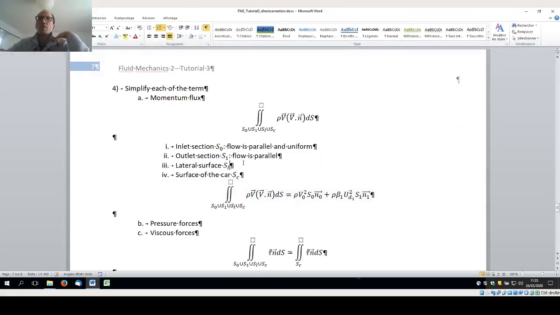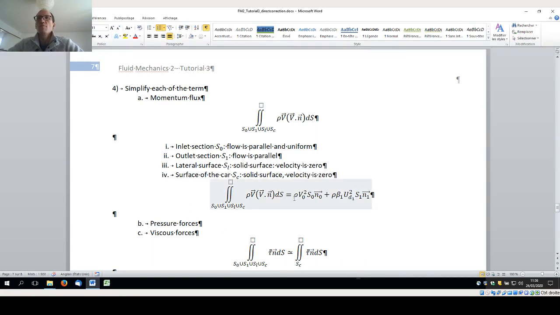Okay, and after, for the lateral surface, since it's a solid surface, velocity is 0, so the integral is 0. Surface of the car is the same, solid surface, velocity is 0.